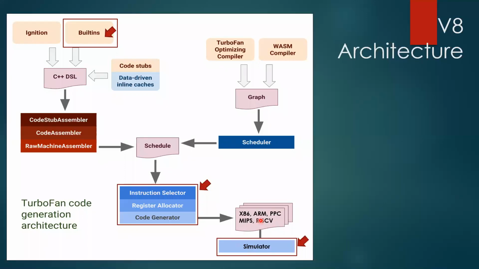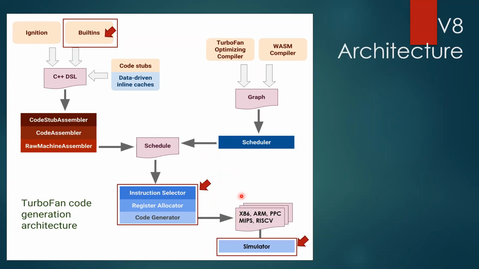Okay, so that's the overall structure of TurboFan code generation. Another point I want people to keep in mind is that for any compiler there are many levels of IRs. You can consider them as higher level IRs gradually lowering down to the lowest level IR, which would be the instructions.